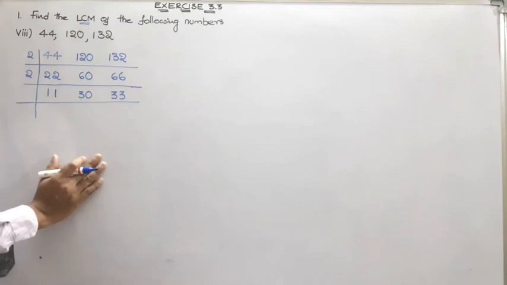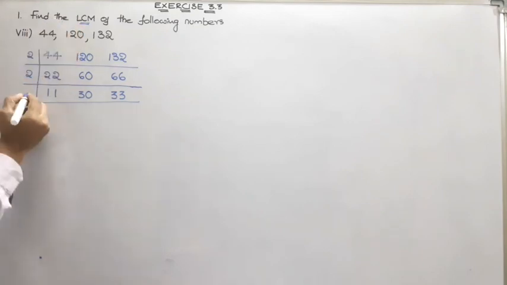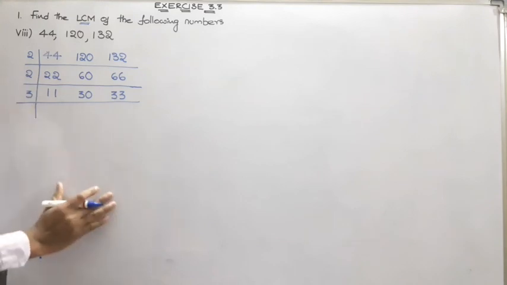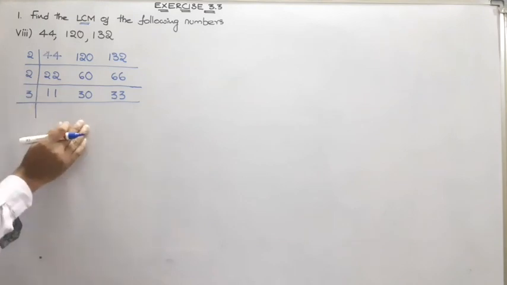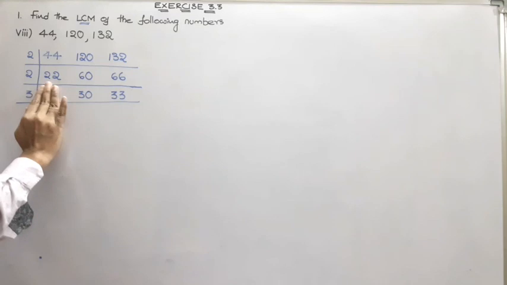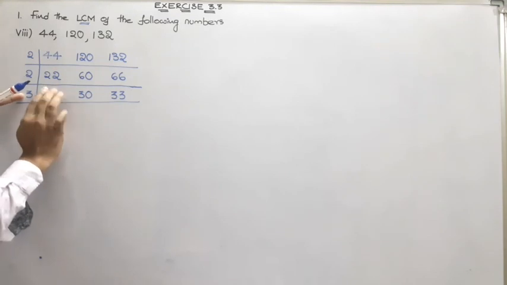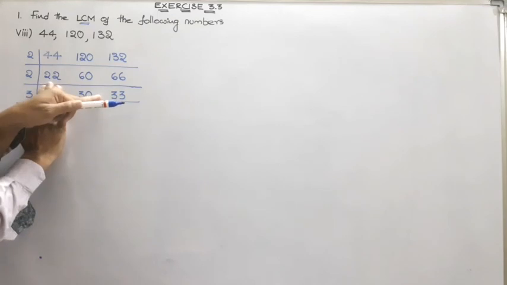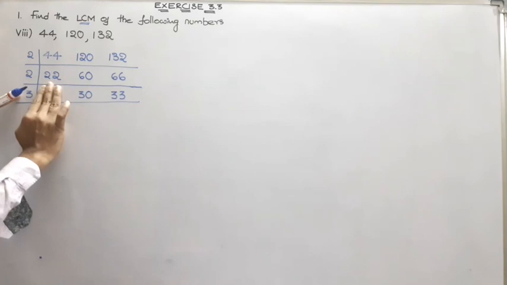In that case, as we are using the least factors first, see, 30 and 33 are divisible by 3, whereas 11 is not. Here, what is the minimum number of numbers which are going to be cancelled using 3 table? 2 numbers.